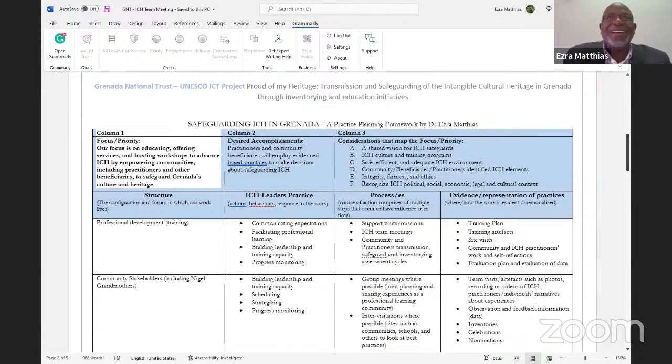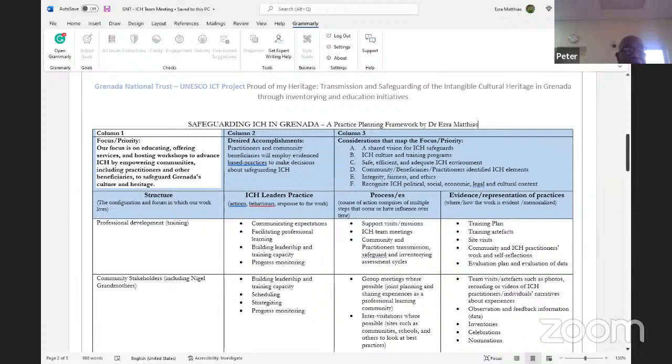Thank you, Margaret. Okay, Peter is going to tell the story. When he looks at this chart, this framework, what story comes across? Just in a descriptive way, starting with the title. Okay, safeguarding the ICH in Grenada. We're speaking about the practice.